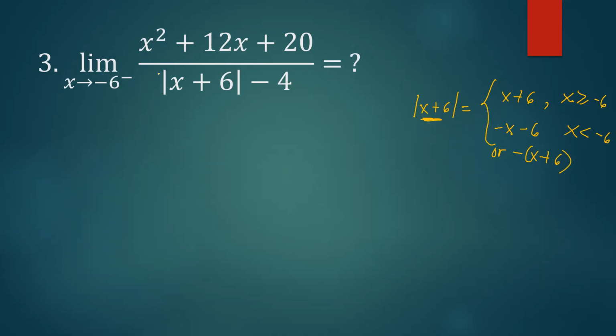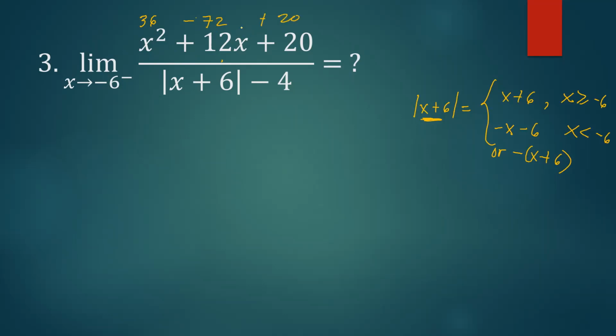Okay, so is this of the form 0/0? We'll check, no? So -6 squared is 36 plus 12 times -6 is -72. Tapos plus 20.